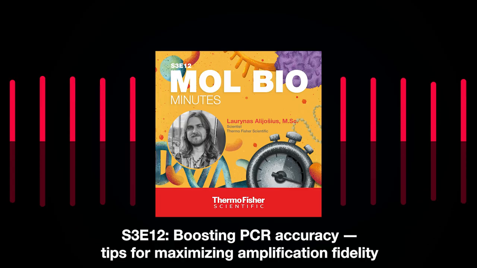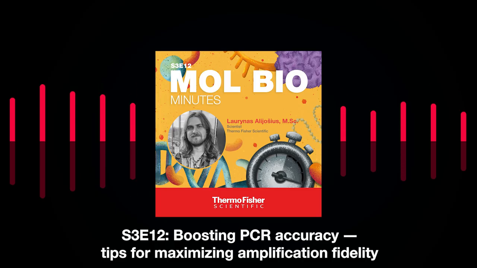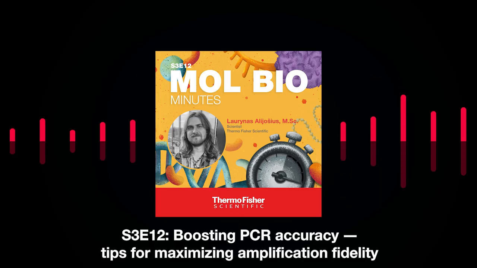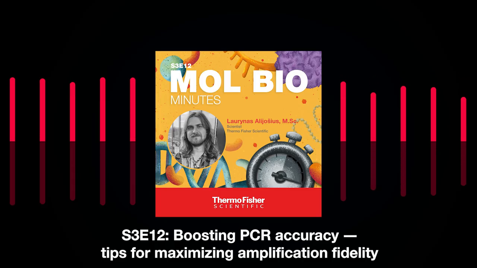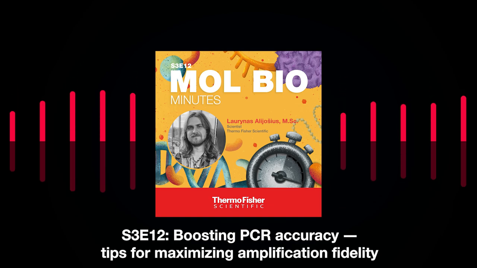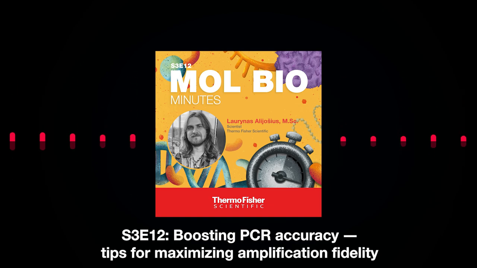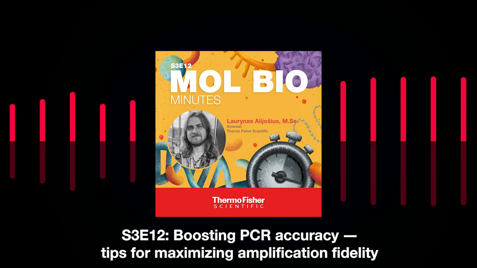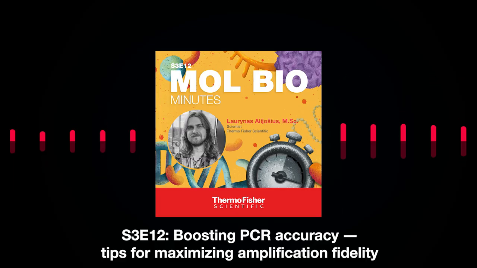But this can also be important for simple experiments such as just cloning your plasmid construct and analyzing if it was cloned correctly and everything went smoothly, because having accurate PCR will just increase the chance that you will get your right sequence on the first try.